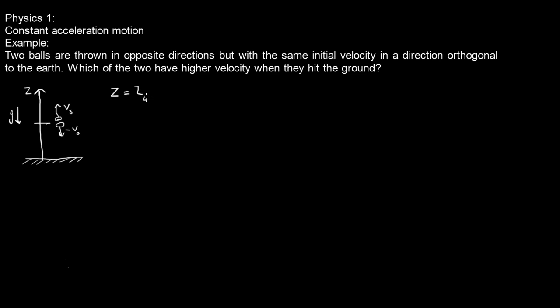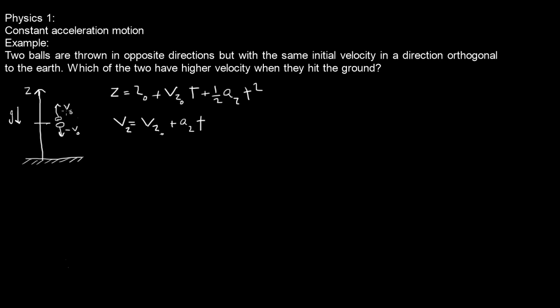One is Z equals Z0 plus VZ0 t plus half AZ, which is minus g, t squared. And also VZ equals VZ0 plus AZ t.